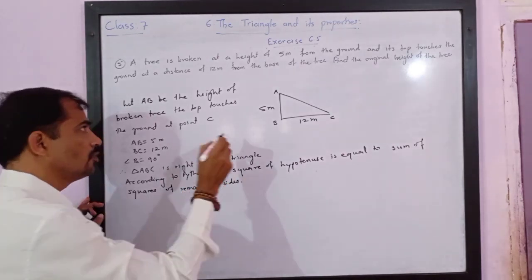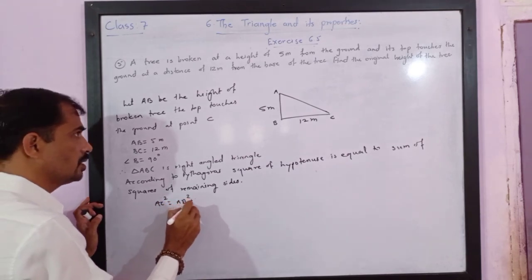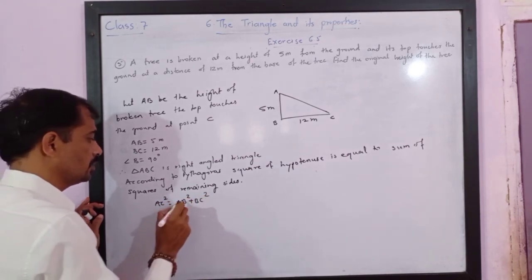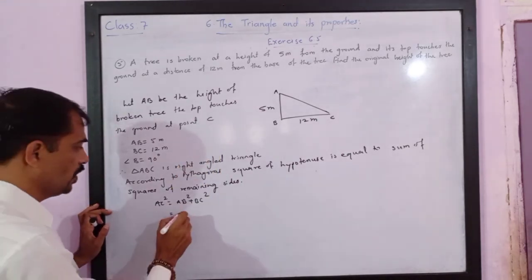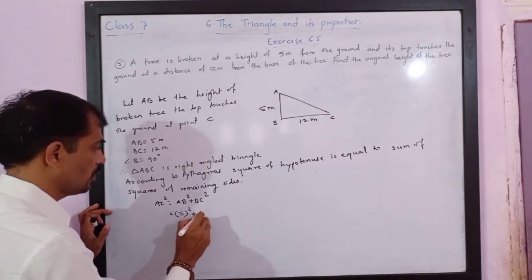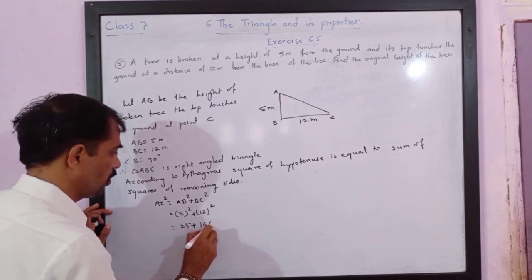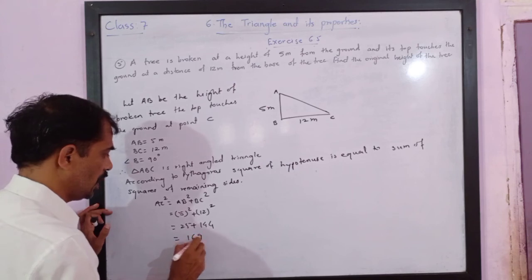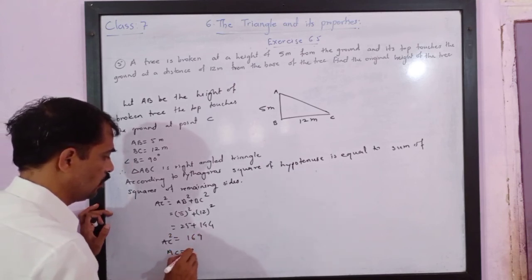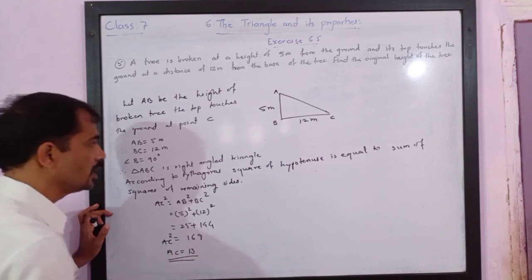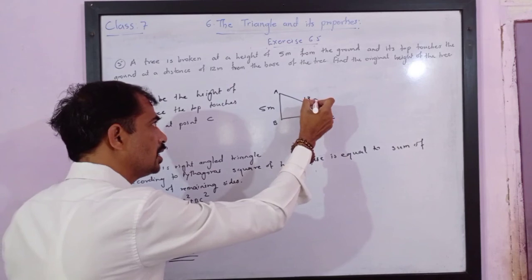So we will get AC square is equal to AB square plus BC square. AB square is 5 square plus 12 square. So this is equal to 25 plus 144, that is equal to 169. It means AC is equal to root of 169, that is 13. Now see, we have got this as 13 meters.